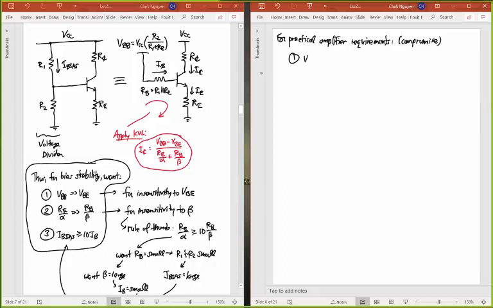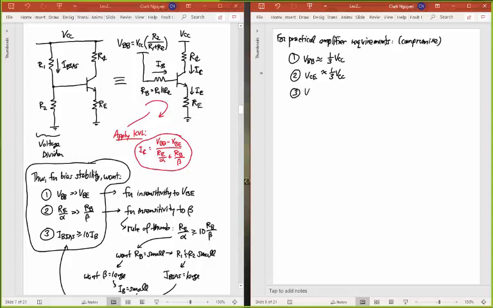We say, let's make our VBB about equal to 1/3 VCC. Let's make our VCE, so the drop across the collector emitter voltage, also about equal to 1/3 VCC.